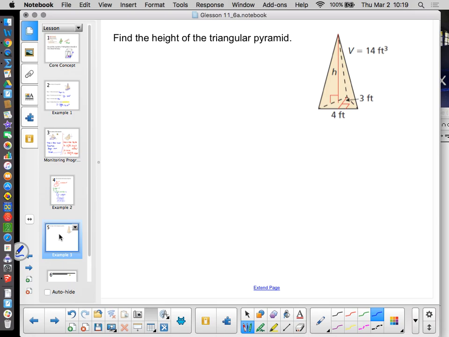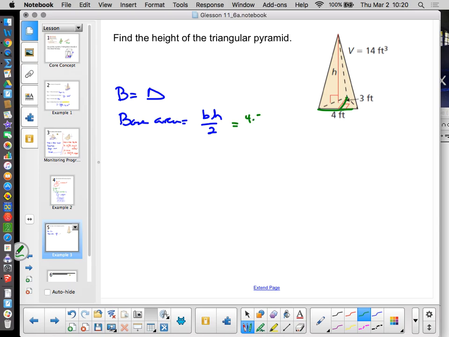Okay, let's find the height of this triangular pyramid when we're given the volume. Same idea. My base is a triangle, which means my base area equals base times height divided by 2. It's not an equilateral triangle, but that's okay because we're given a side length and the height of that triangle.